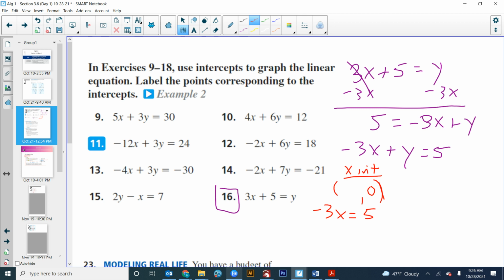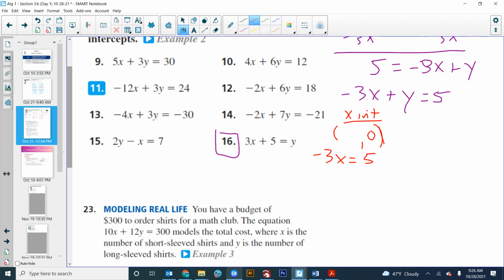Yes? What do I do now? Divide by what, guys? Careful, divide by -3. Oh my goodness. No, I'm not. This board doesn't like lefties. Let's go. It's what?